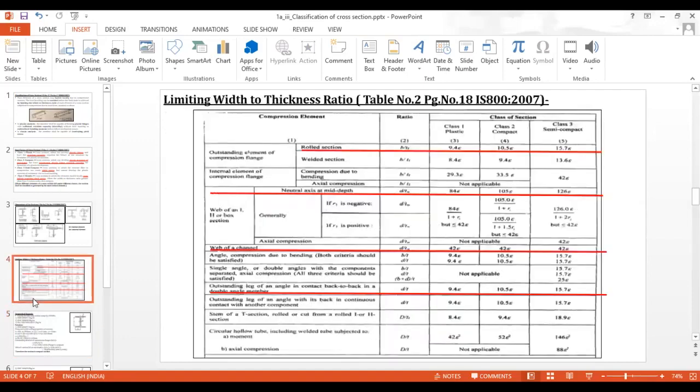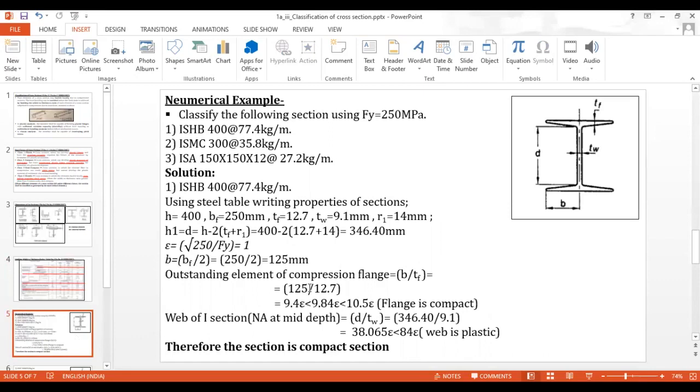If you look into the table again, it is less than 84 epsilon, hence our web is plastic. But even though our web is plastic, our flange is compact and we go to the lower side, therefore the section is a compact section.